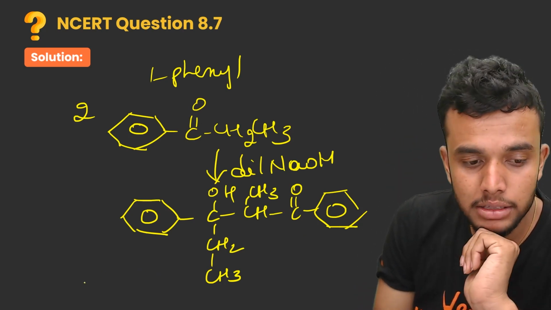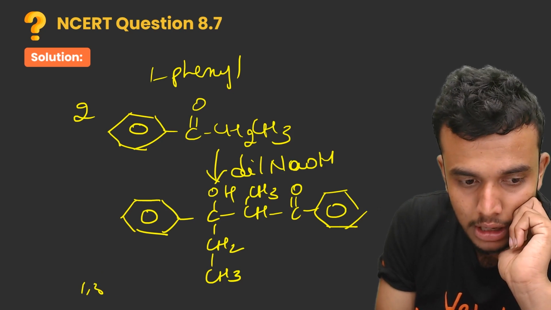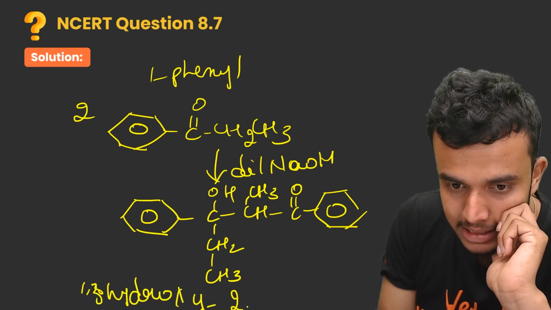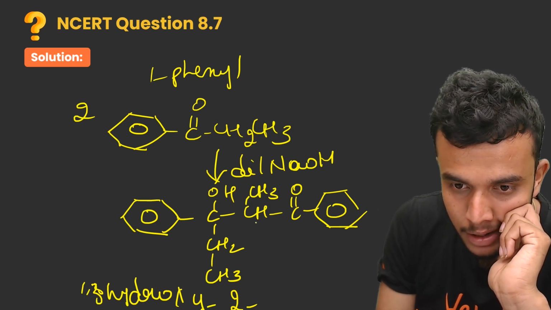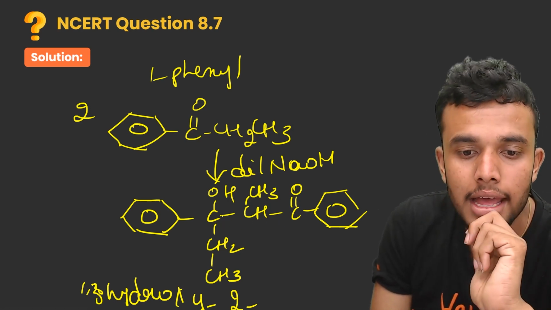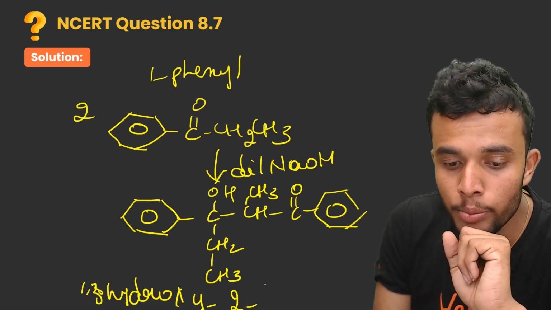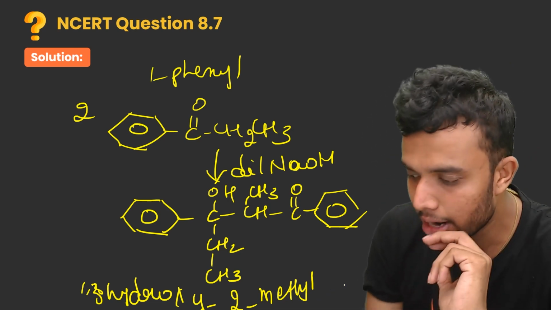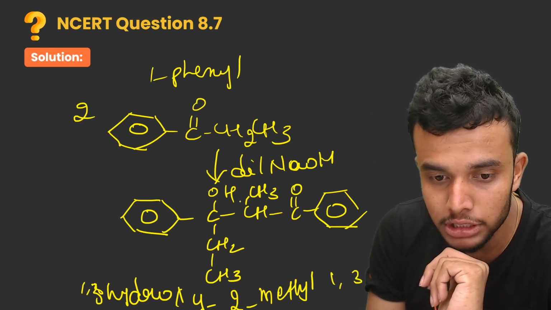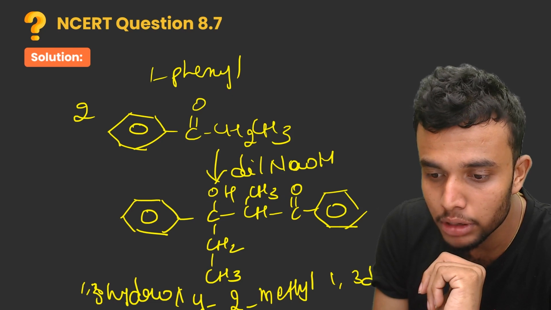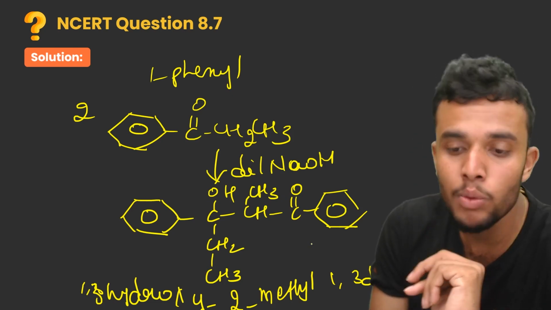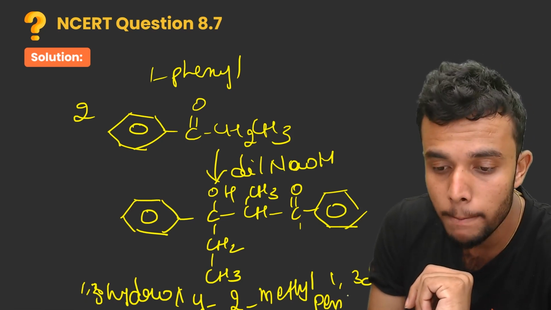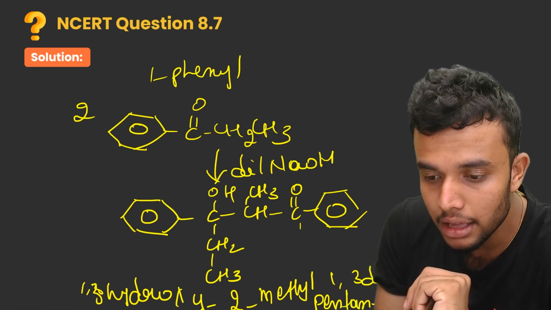The compound name is 3-hydroxy-2-methyl-1,3-diphenylpentan-1-one. Second position methyl group is there, and at first and third positions phenyl groups are there. Pentane, 5 carbons: 1 2 3 4 5, right? Pentan-1-one. Understood, students?